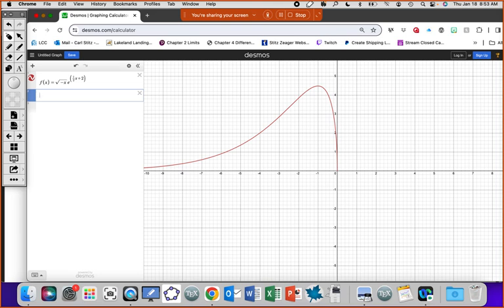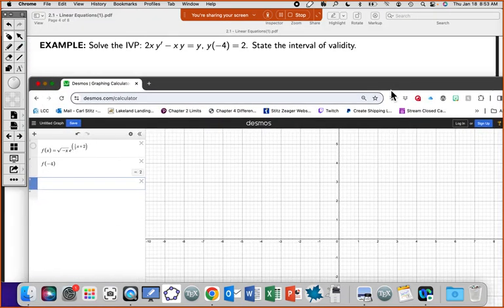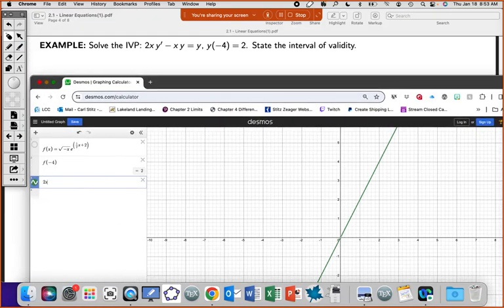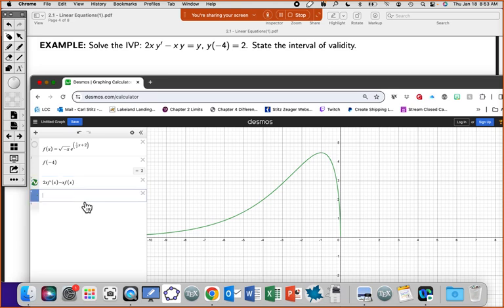When x is -4, y should be what? 2. Boom. There it is. Let's check the differential equation part. Let's type in the left-hand side. So 2x y prime, that's f prime of x, minus x f of x. There's the left-hand side of the differential equation. Let's type in y, f of x. So right-hand side, those are indistinguishable.